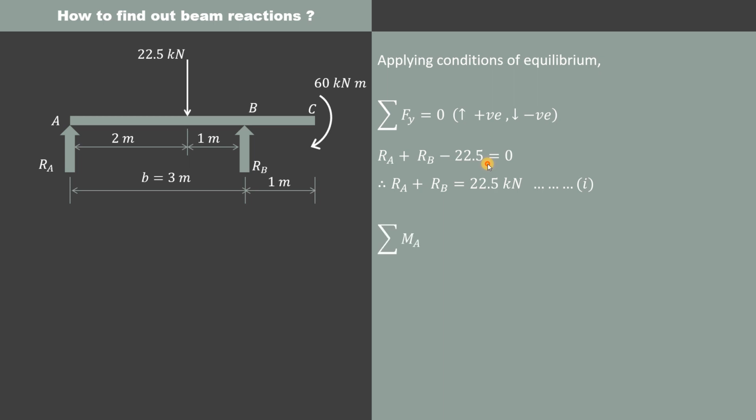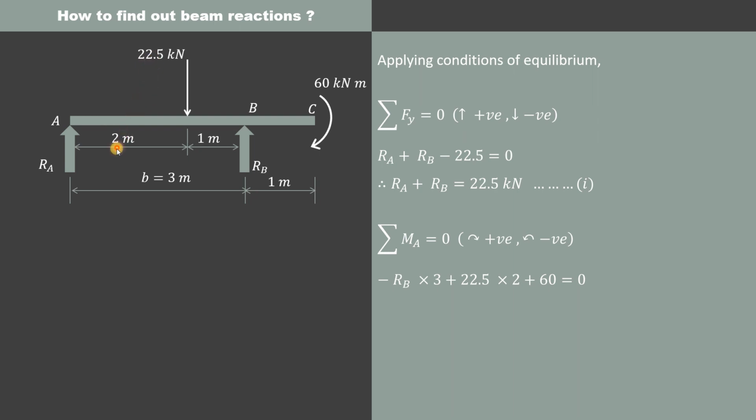Now we'll take moment about point A. So summation of moment about A is equal to 0, considering conventions as clockwise positive and anti-clockwise negative. Now we'll start with RB. This RB will produce anti-clockwise moment about A, and the perpendicular distance between B and A is 3 meter. As it is anti-clockwise moment, it is negative, and moment is force multiplied by perpendicular distance, that is minus RB into 3. Then this 22.5, the UVL which we have converted into point load, will be producing clockwise moment.